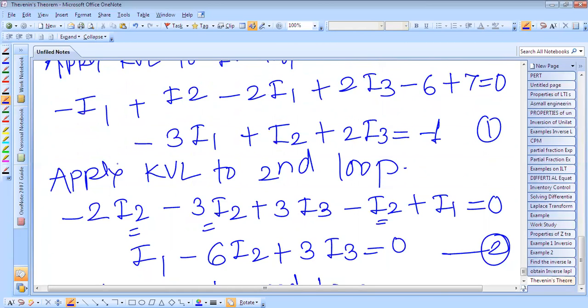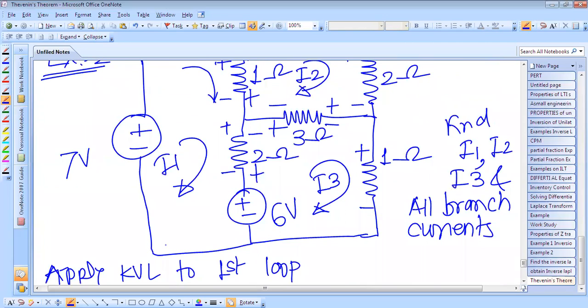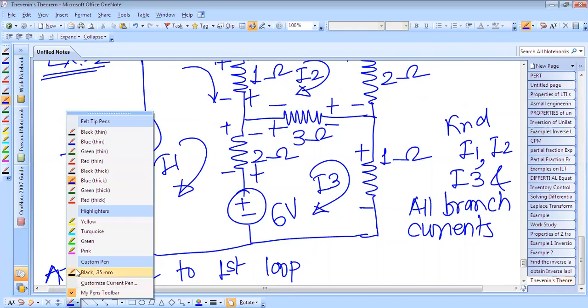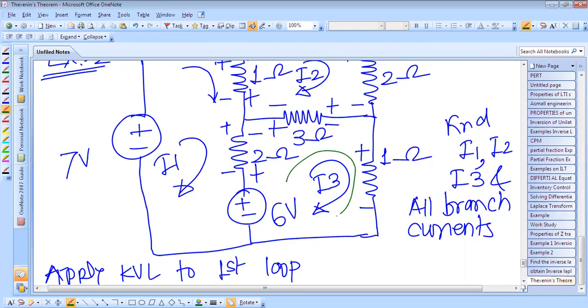So this is the third loop. We are applying the KVL to this loop. There will be the fall in potential because of this I3, but there is a rise in potential because of this I2.